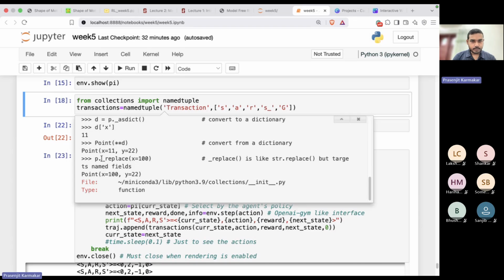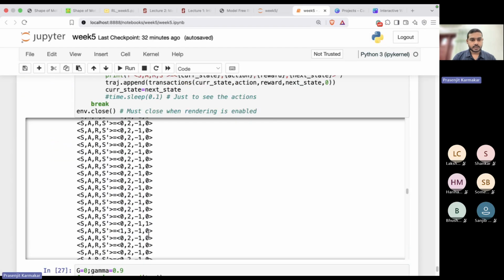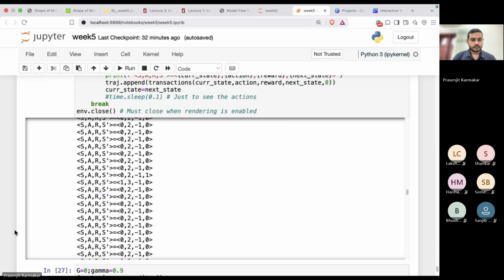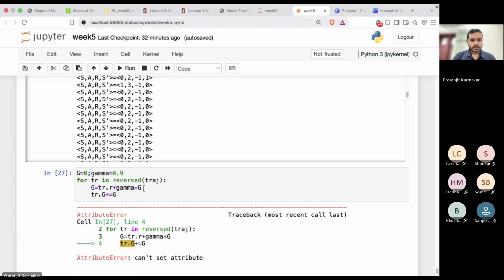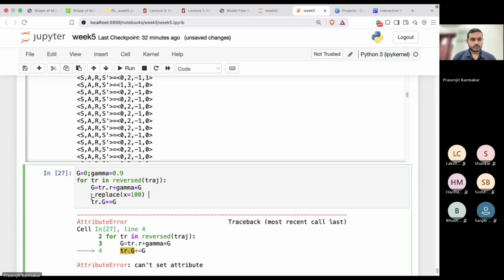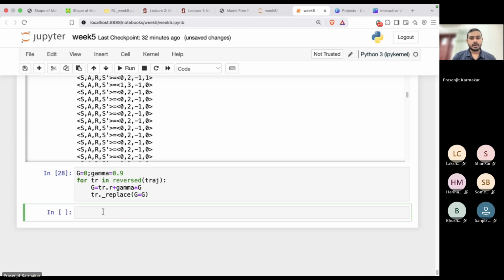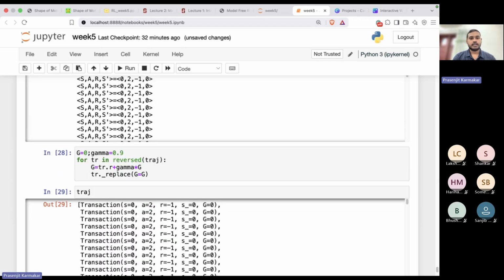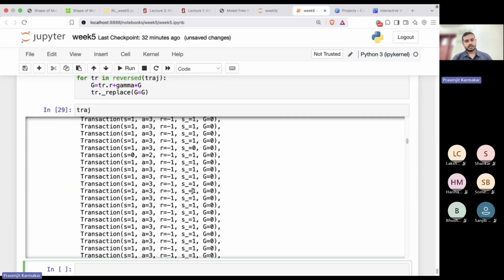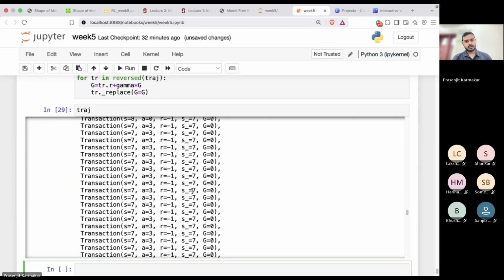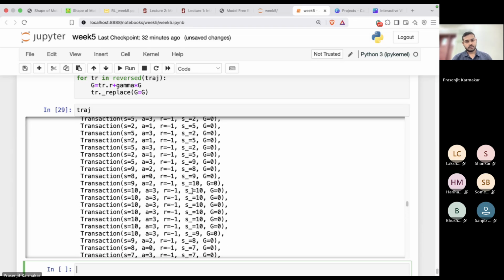So there is this underscore replace thing. Let's see if that one works. Here, underscore replace, G equal to G. Now if I see the trajectory, it replaces, is it? No, right?